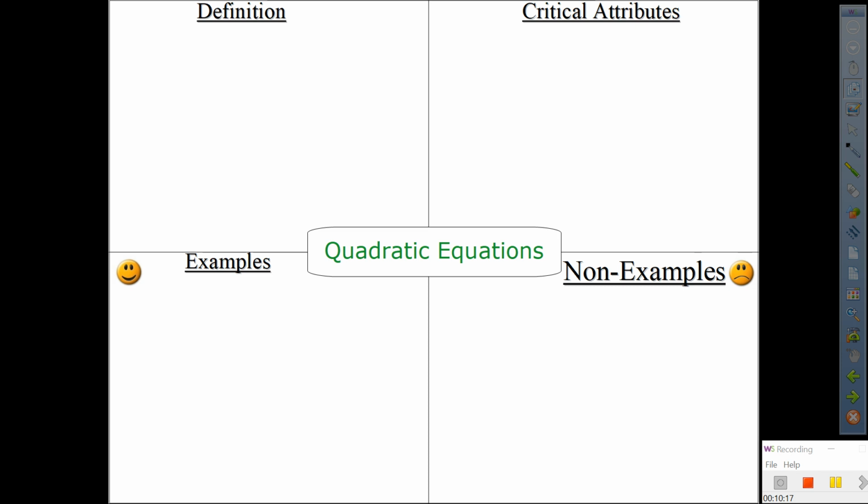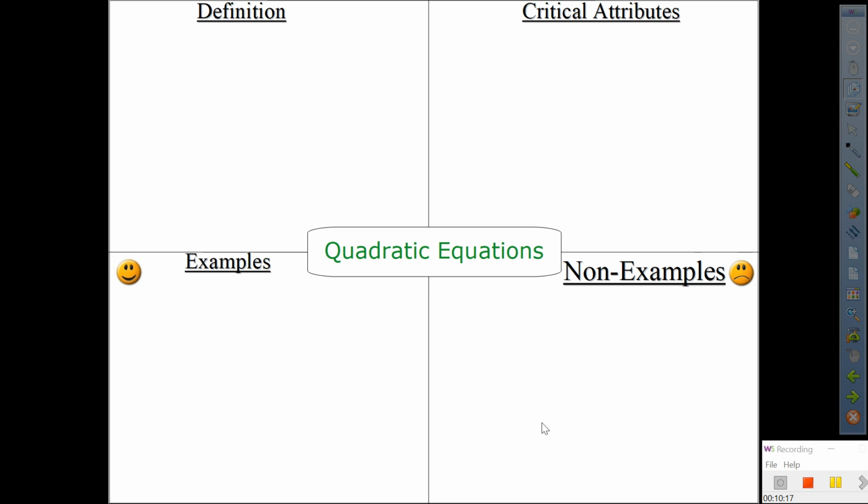So let's see if we can picture it. Can you picture an equation with two different variables? Yes, okay. And do you know what I'm talking about in regards to highest degree of 2? We've been talking about polynomials so much that now we know how to find degrees, right? So highest degree of 2, that means that one of the variables has to have a what? A 2, or a squared as a power.